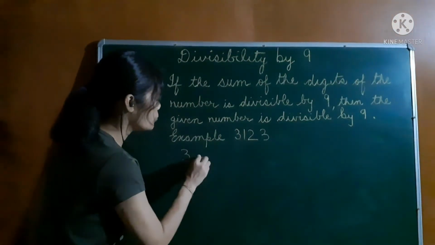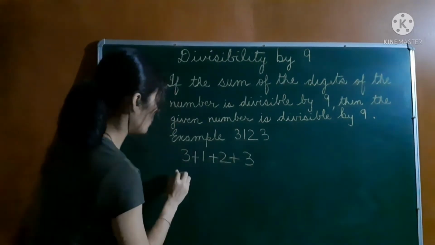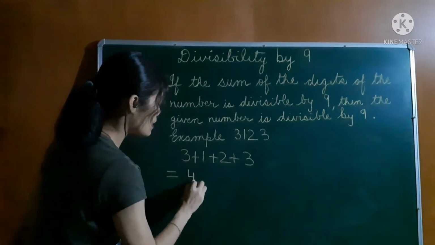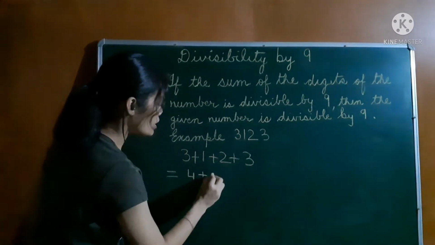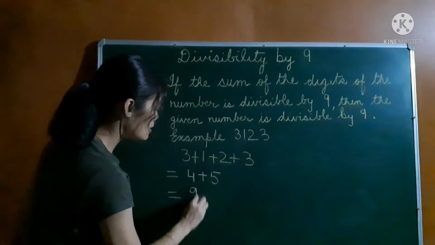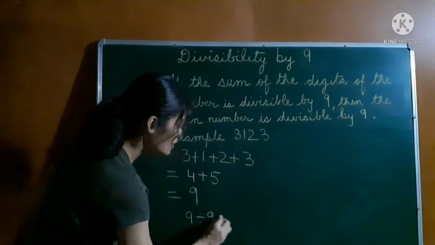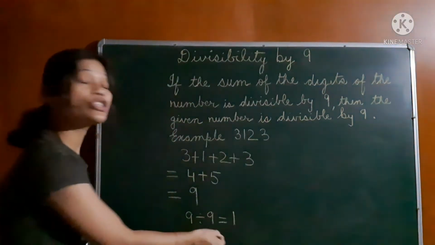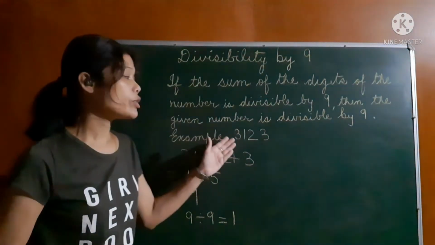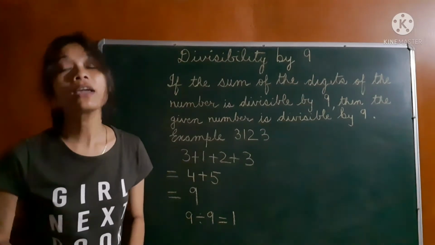That means 3 plus 1 plus 2 plus 3, which gives 3 plus 1 is 4 and 2 plus 3 is 5. So 4 plus 5 gives 9, and 9 divided by 9 is 1, which gives the remainder 0. That means 3,123 is divisible by 9.